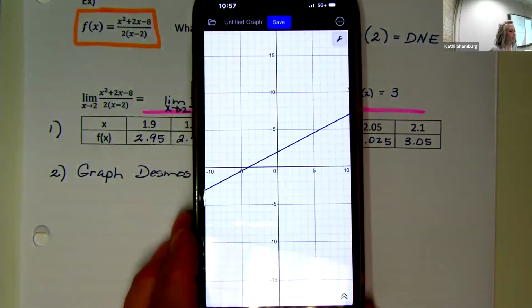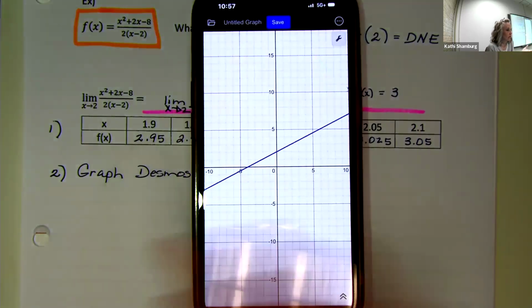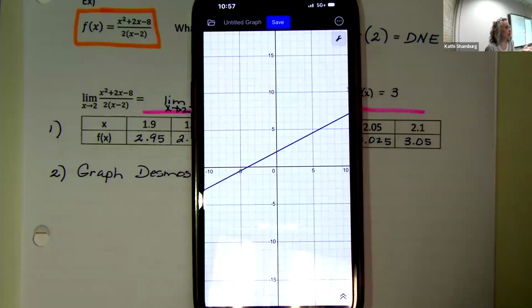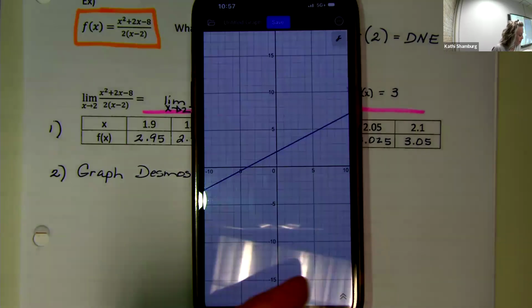What does it give me? What's that a graph of? It's not a trick question. What is it? It's a line. That's all I'm asking. It's a line. It's a blue line.